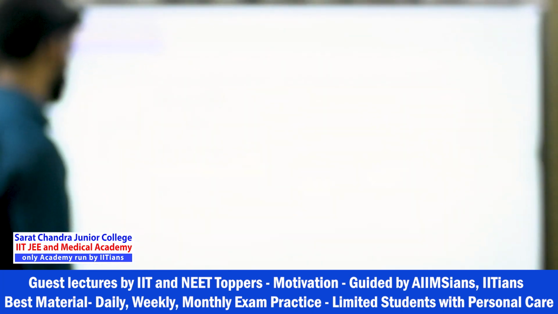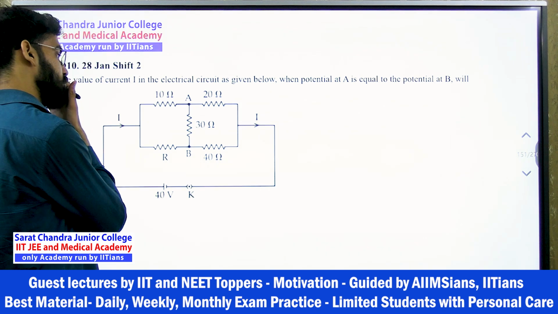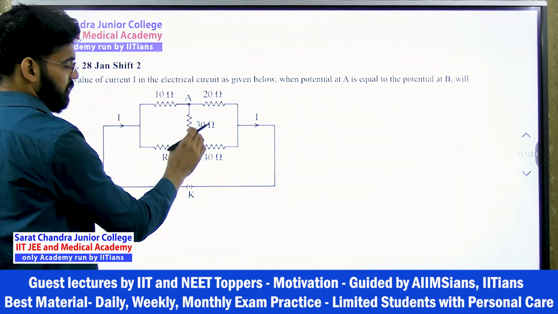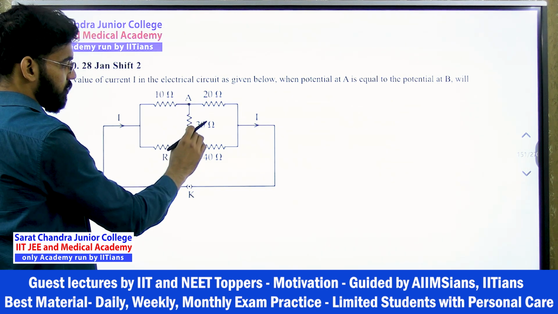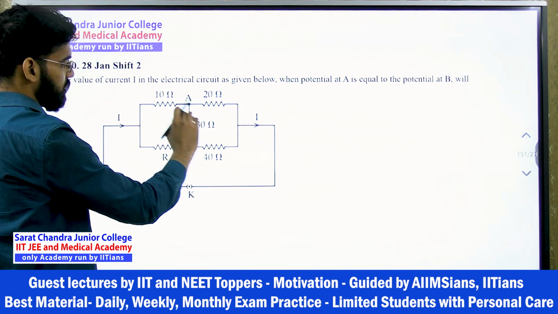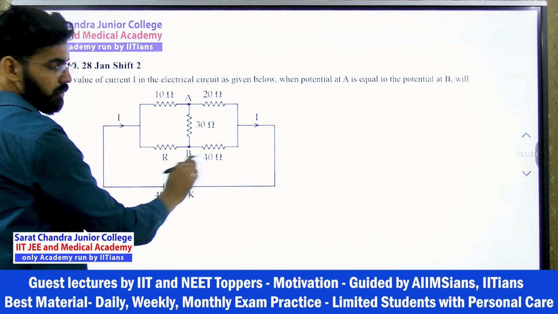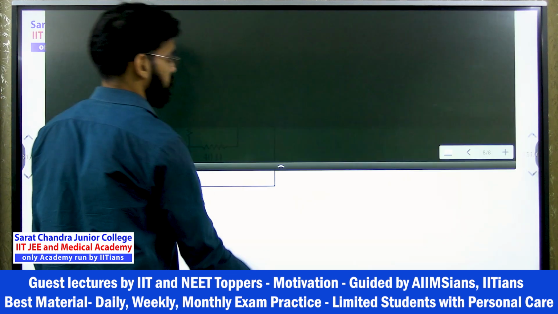Now what we have to find out is the current. Since the current is not flowing through the 30 ohm, we can remove it. So 10 plus 20 is 30, and here 20 plus 40 is 60. So let's draw the circuit.